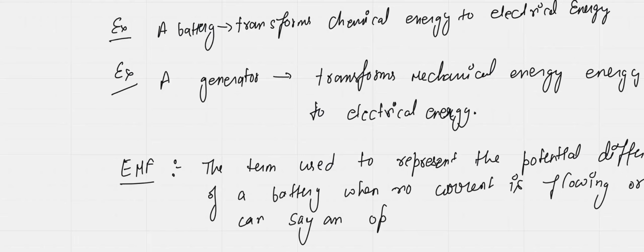Why are we talking about this open circuit? Because the moment electrons start flowing, the potential will start decreasing. So the highest value of potential difference which you can have is in an open circuit.